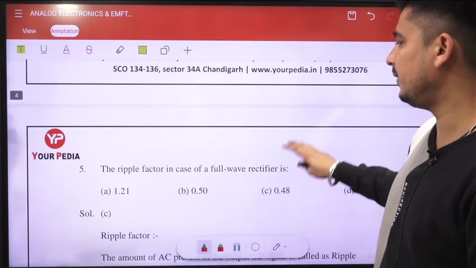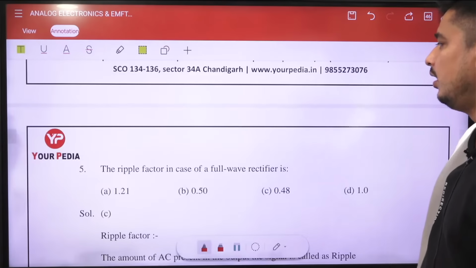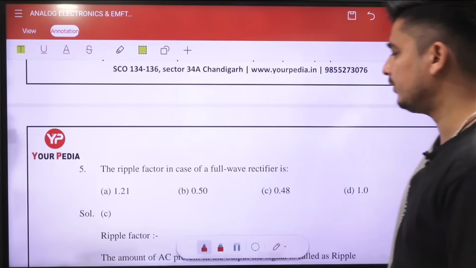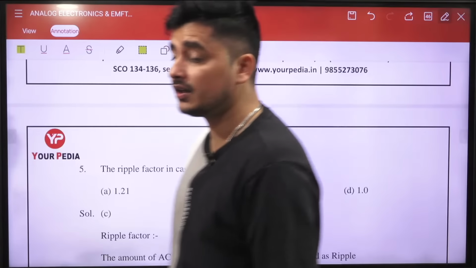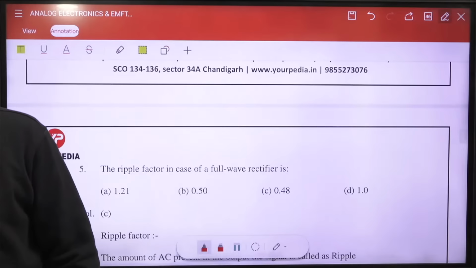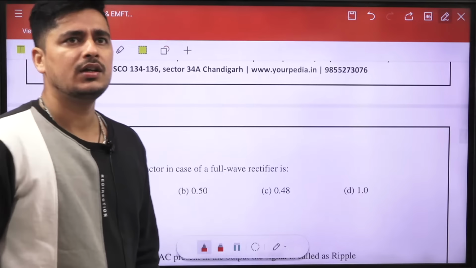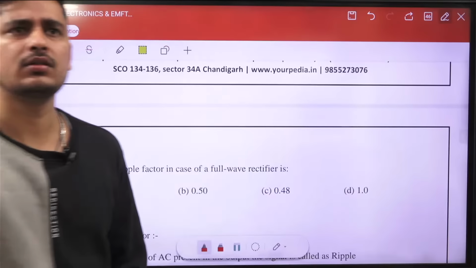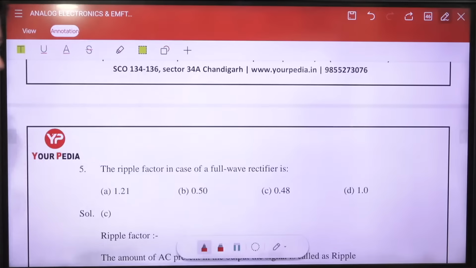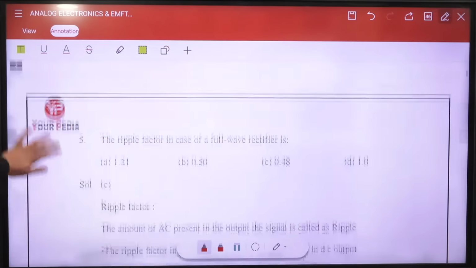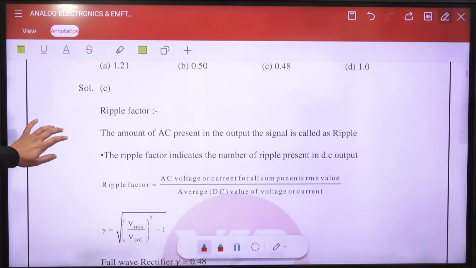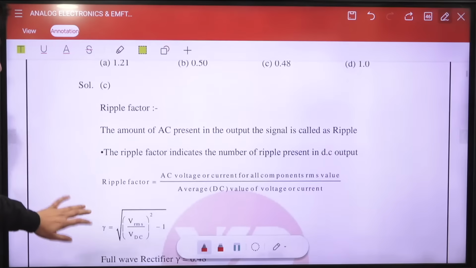The ripple factor in case of full wave rectifier. Ripple factor is different, ripple frequency is different. Don't be confused. Ripple factor is generally defined as AC voltage divided by DC average, and this is the formula for that.